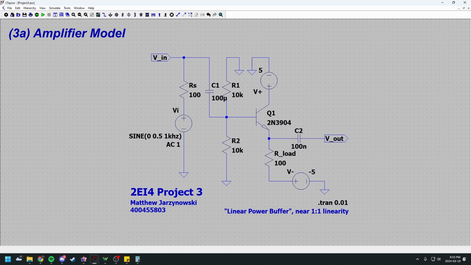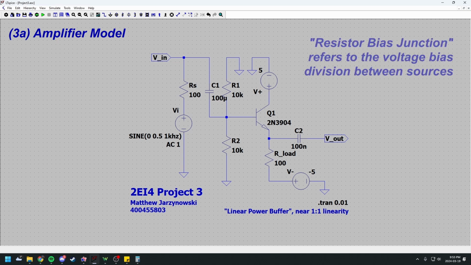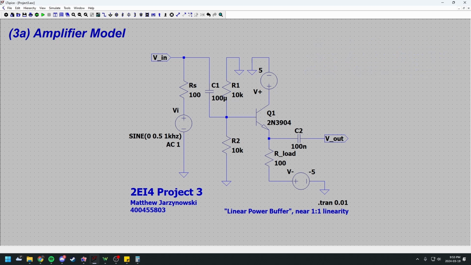That is going into our source resistance of 100 ohms, our Vin net, where we measure our input voltage, going into a 100 microfarad capacitor, then into our resistor bias junction, where R1 and R2 are both 10Ks, going into our transistor, whose model is 2N3904, the same one that we have in our kit.